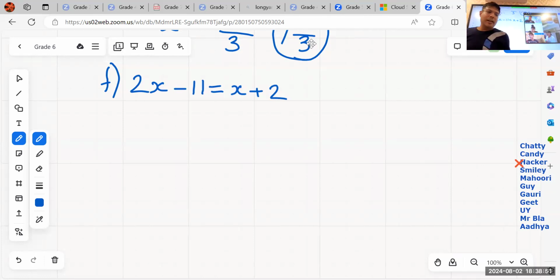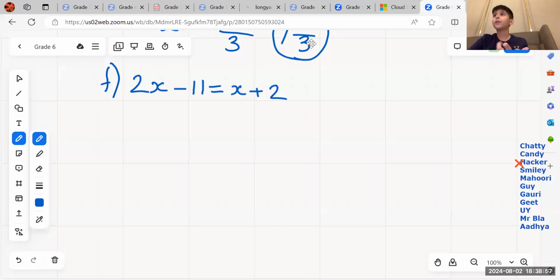So which chapters, Gauri, are coming in your school exam? Whole numbers, playing with numbers, geometrical shapes, integers and the geometrical shapes again.